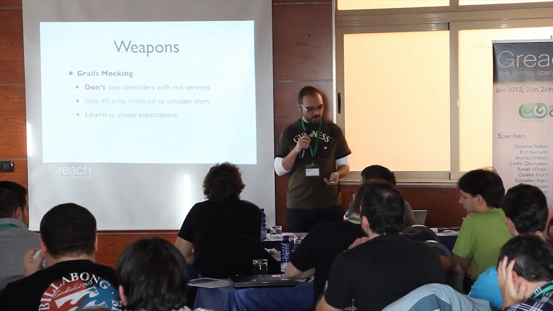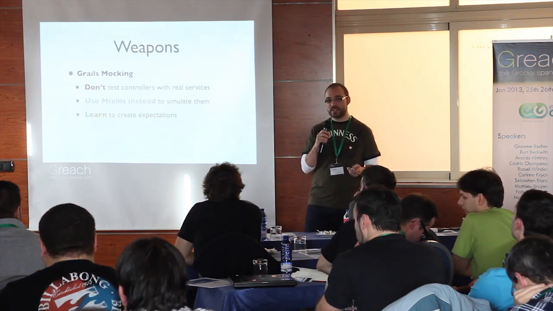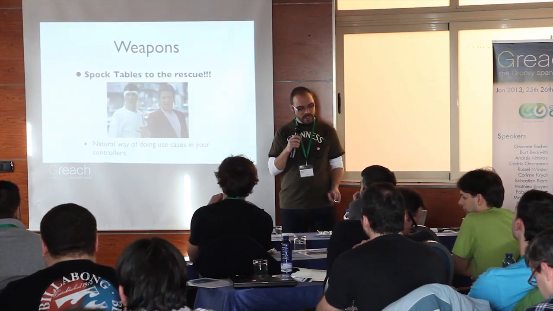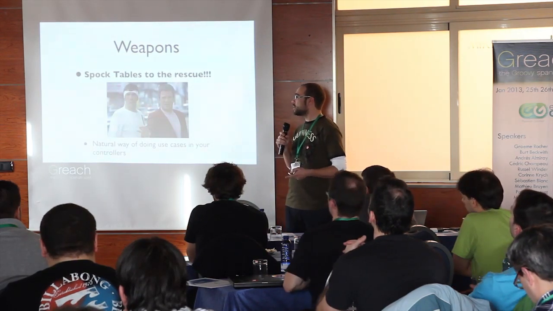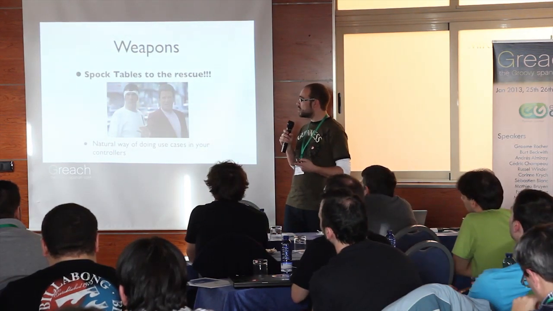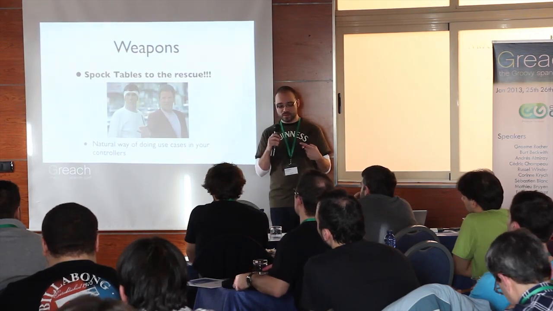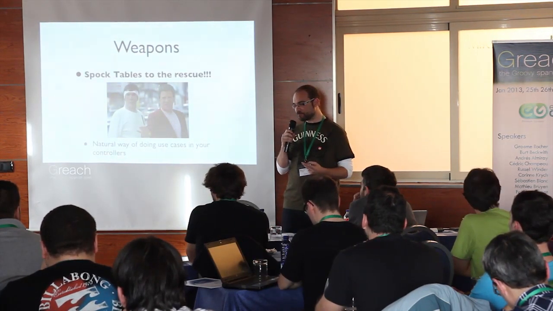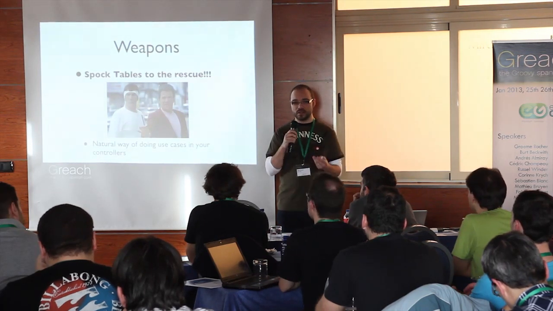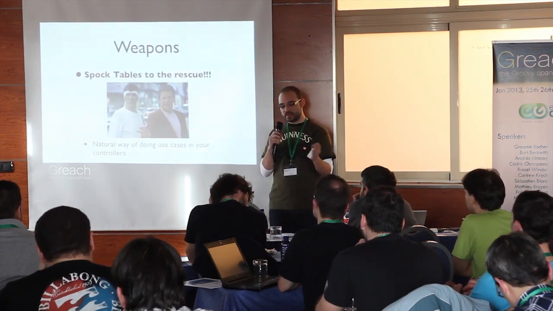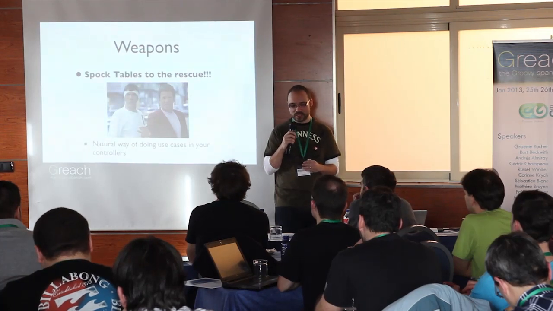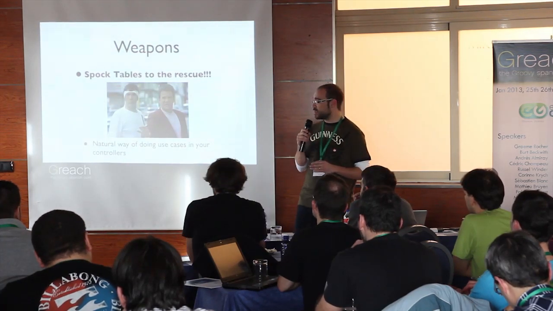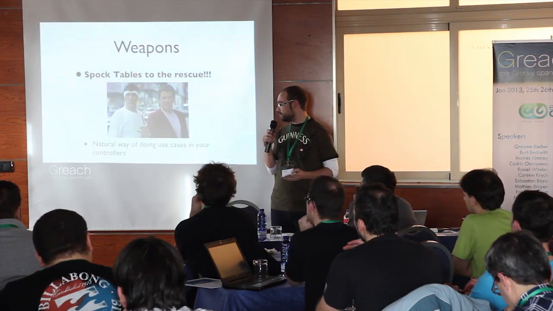And for doing that, we must learn to create expectations. And of course, we can continue using Spock tables to test our controllers, because as we have seen, controllers are all about passing data to see if the controller is going to fail or succeed.